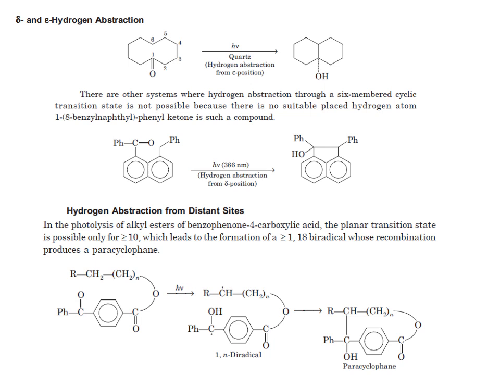As for example, the 1,8-benzyl naphthyl phenyl ketone is such a compound, this second one. And here you can see after treatment with h nu at 366 nanometer, it can produce this molecule where the cyclization happens and a new 5-membered ring is produced.